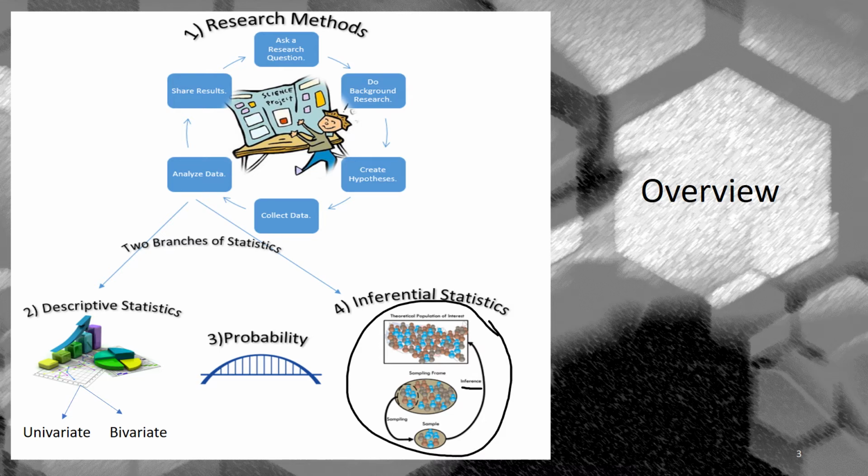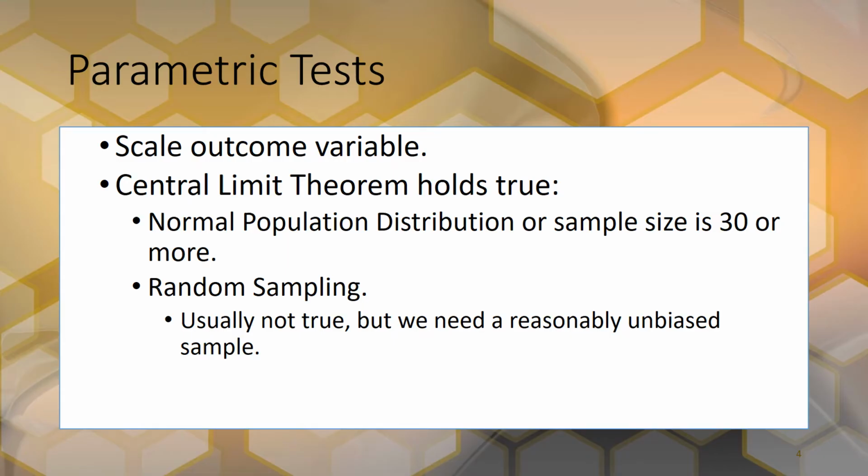And for inferential statistics, there are two main types: confidence intervals and hypothesis testing. In this class, the confidence intervals and hypothesis testing will be what are called parametric tests. There's some other non-parametric tests that we won't go over, so this doesn't cover every statistic test that you can do.